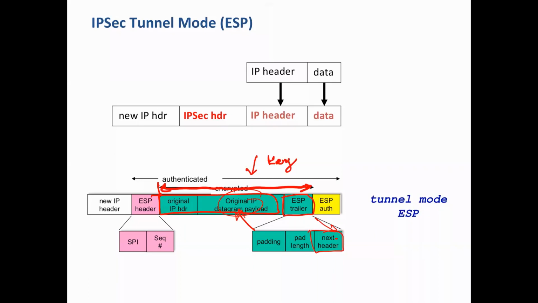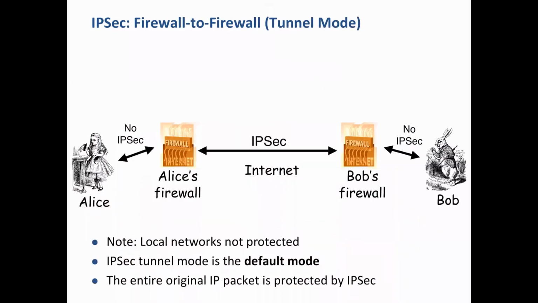Then you add the ESP header, which has the SPI from Bob's SP database, and the sequence number, and authenticate all this. Okay, and add a new IP header corresponding to the gateway of the recipient machine. Okay, so it's like this.